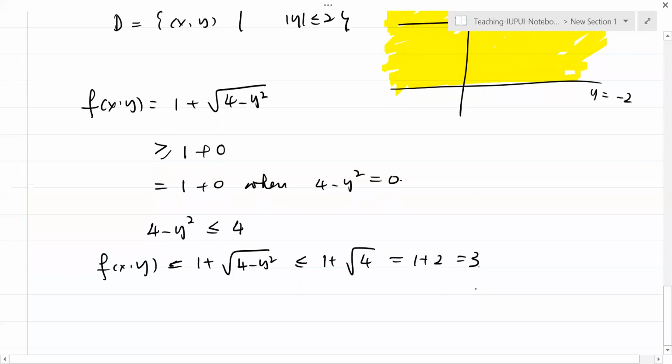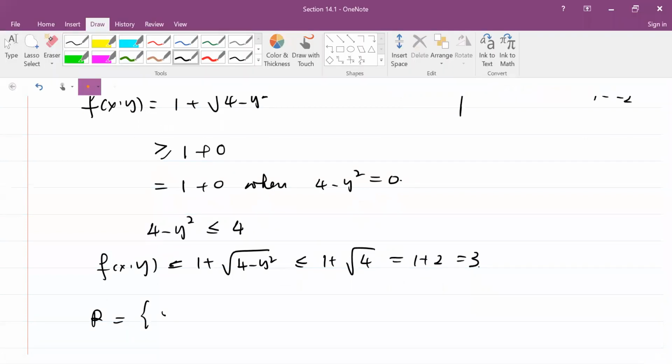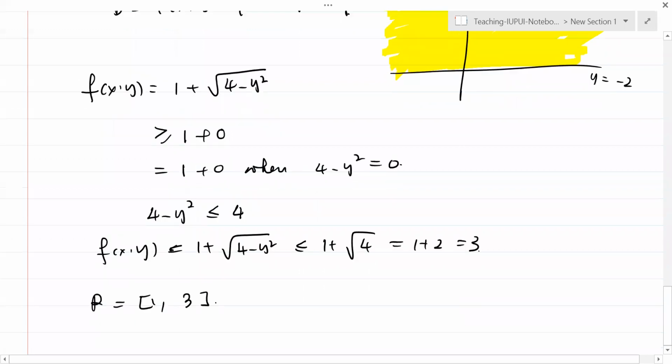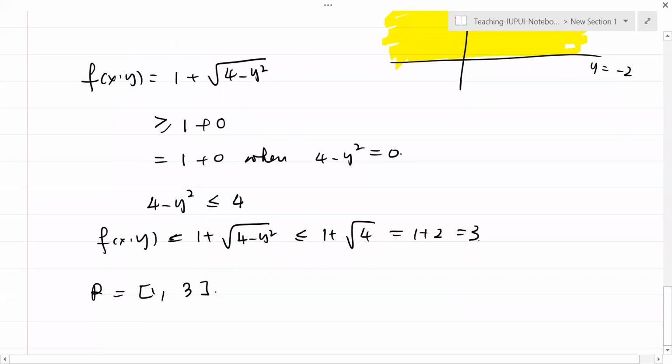And it's obvious the function can take any value between 1 and 3. So the range of the function is going to be the interval from 1 to 3. So that's the range.